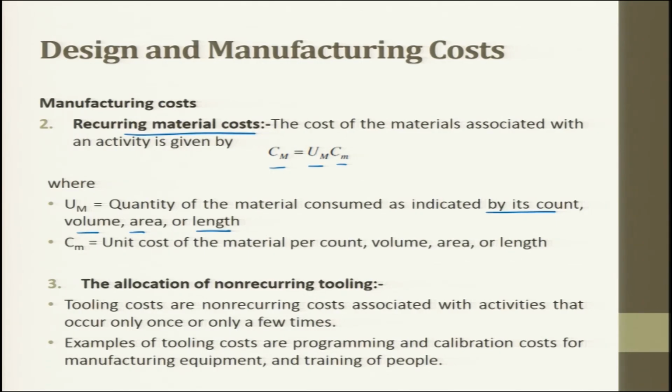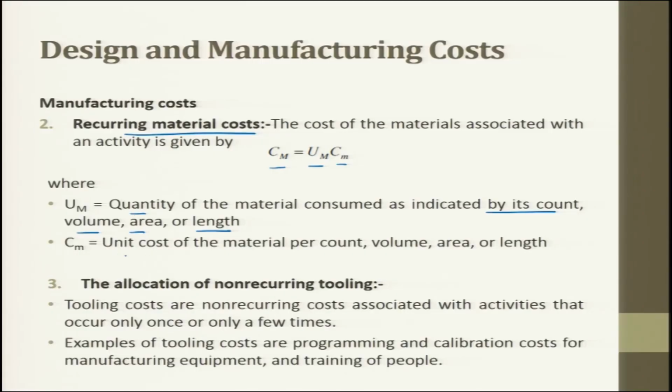For filament, it can be the length of the filament that is consumed, or the weight of the filament, or the specific volume. If I say volume of the powders or weight of the powder, those are consumed. So, that is the quantity. So, this is unit cost of the material per count, volume, per area, per length. So, this gives us recurring material costs.